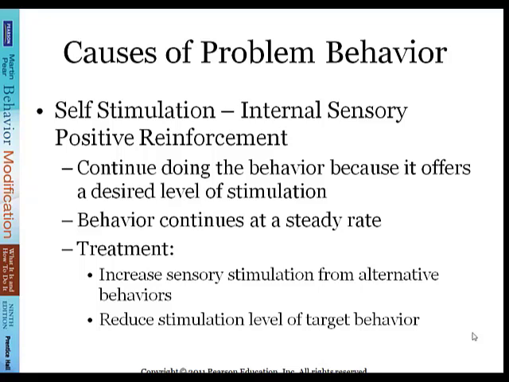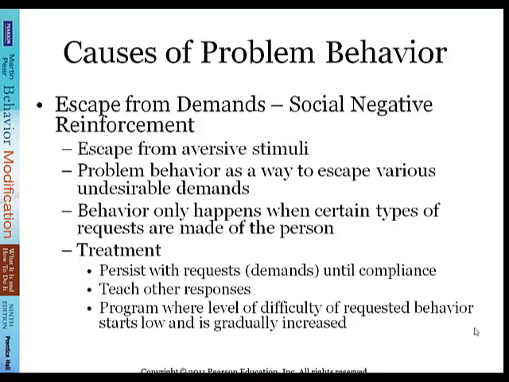We can play football, or we can box, or something like that. There may be a situation where we're able to find the person an appropriate outlet for that. But of course, you want to keep an eye on that and make sure that it does not get worse and become a dangerous behavior.